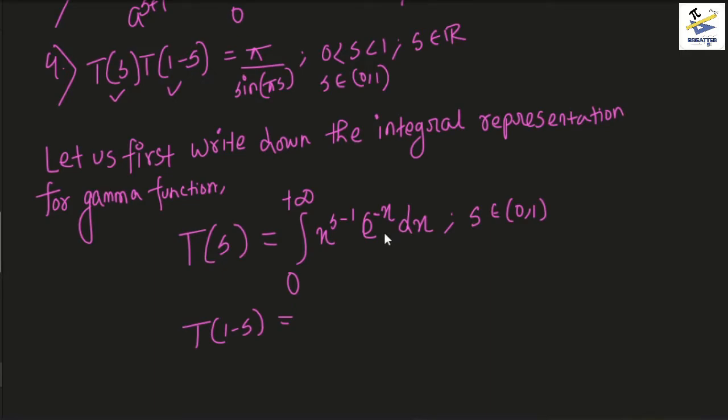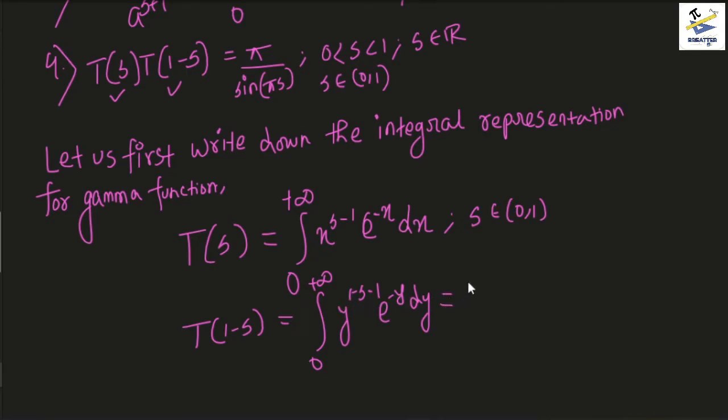So the only way they can be multiplied together is when the variables are independent of each other. That is, we will have y to the power, so like this thing here, into e to the power minus y dy. So gamma of 1 minus s is basically the integral from 0 to positive infinity of y to the power 1 minus s minus 1 e to the power minus y dy.